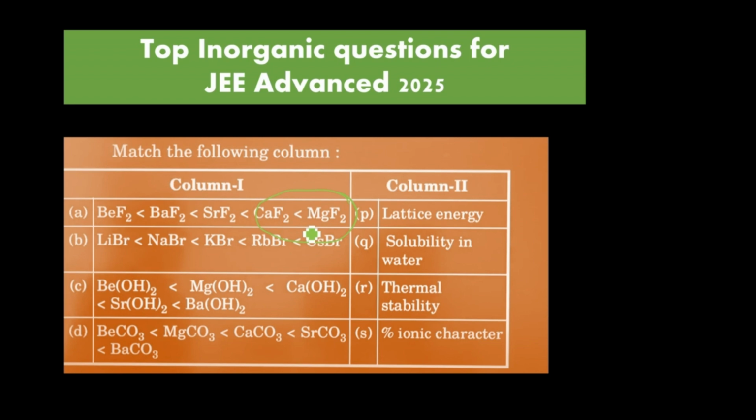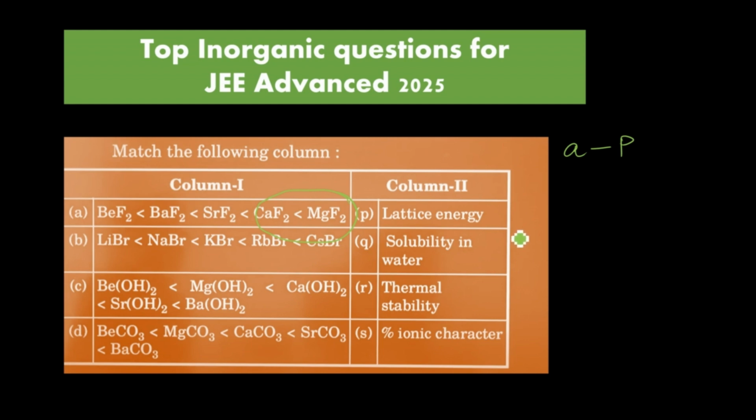Magnesium fluoride has the highest lattice energy. It's because of the smaller size of magnesium 2 plus and high charge density, isn't it? Then comes calcium fluoride and then strontium, barium and beryllium. So A to P. Then lithium bromide, sodium, potassium, rubidium and cesium.